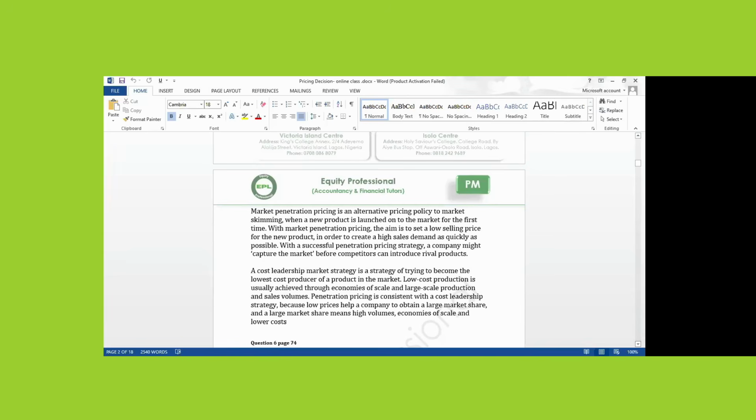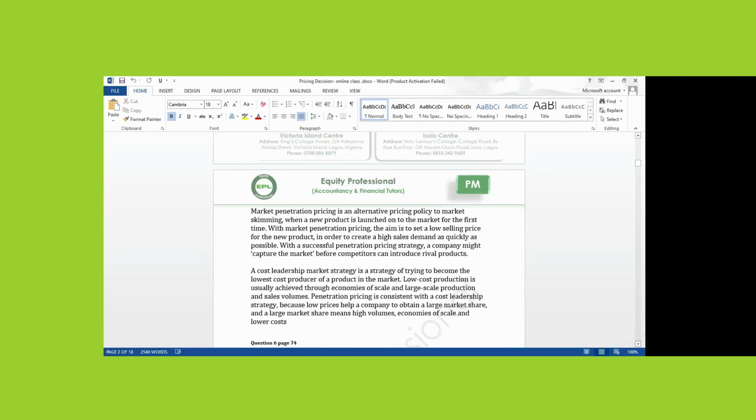For you to charge a low selling price, you must be able to produce at a low cost.